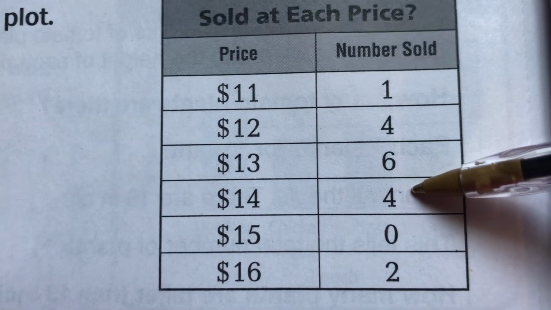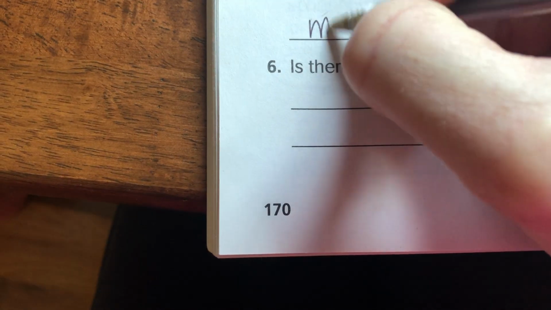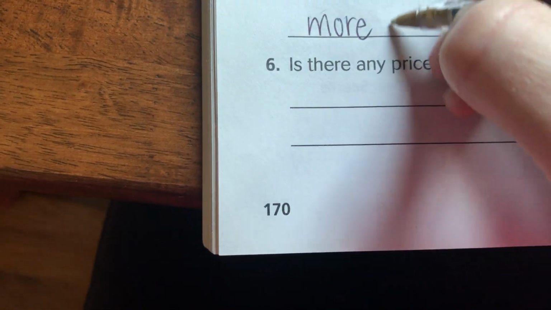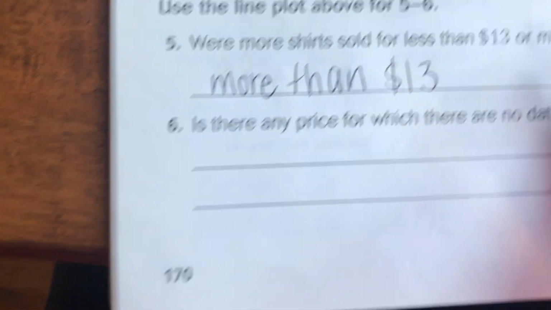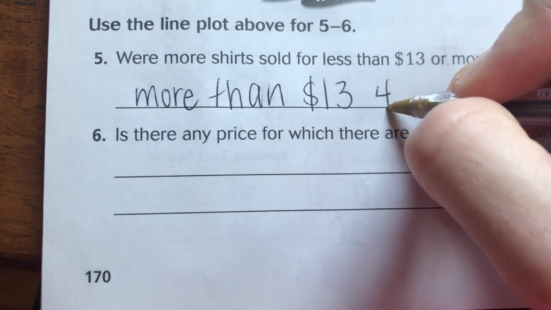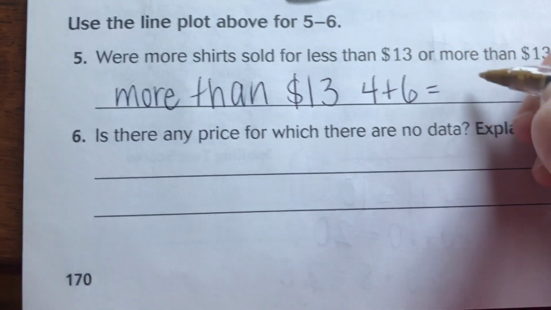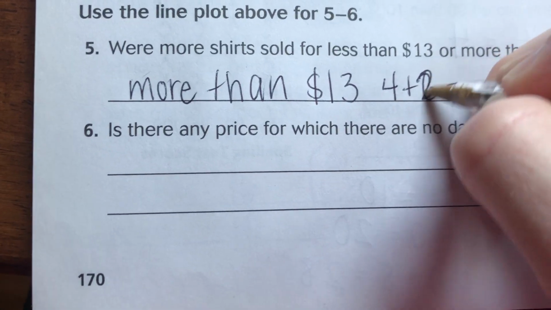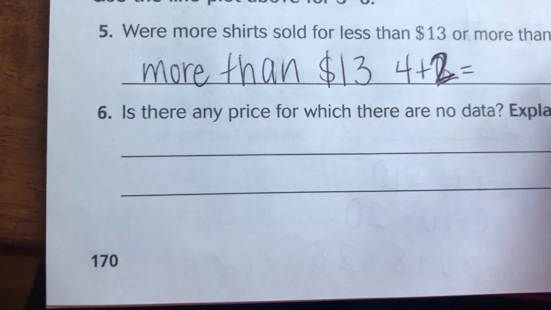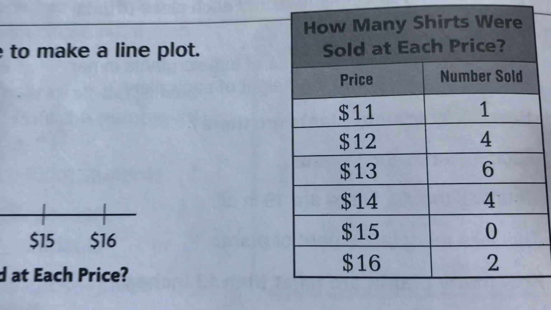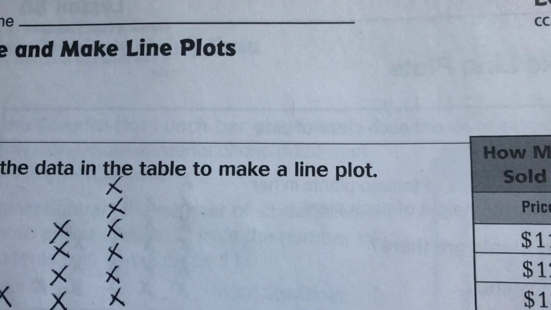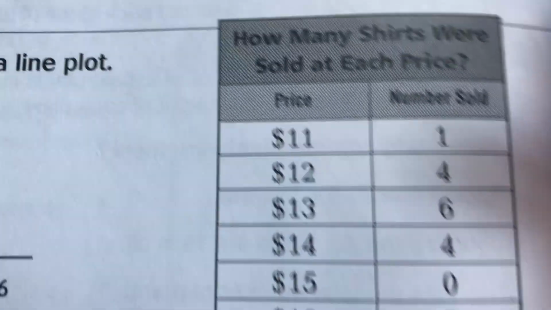So I would take 4 plus 0 plus 2. So do I really need to add in that 0? No. So for more than $13, I have 4 plus 2, which equals 6.